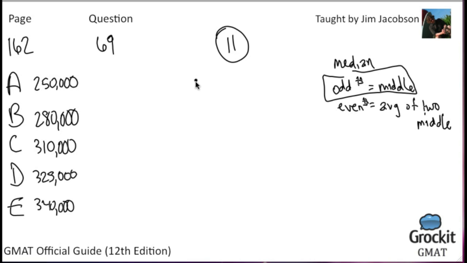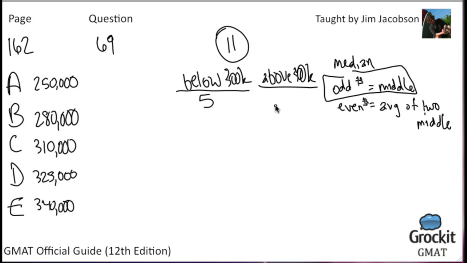So below 300,000, and then we have some above 300,000. Sorry for the sloppy writing. This tablet isn't cooperating very much. So in the below 300,000 category, we have 5 numbers. The first 4 and then the last one. In the category above 300,000, we have 1994 through 1999, which is a total of 6 numbers.